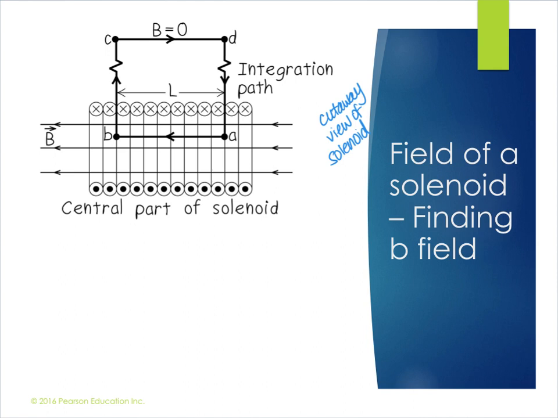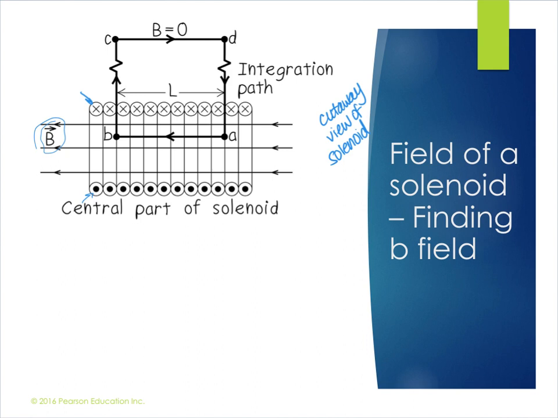And so here we can see that we're looking at half of the coils, where at the bottom the current's coming out, and at the top the current's going in. Again, I can use my right-hand rule, and you should be able to agree that the magnetic field is going to be pointing to the left in this situation.